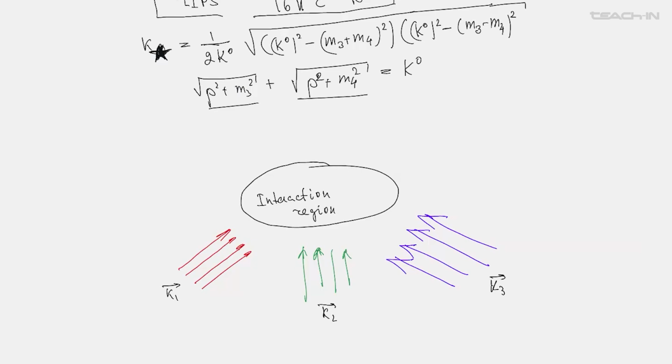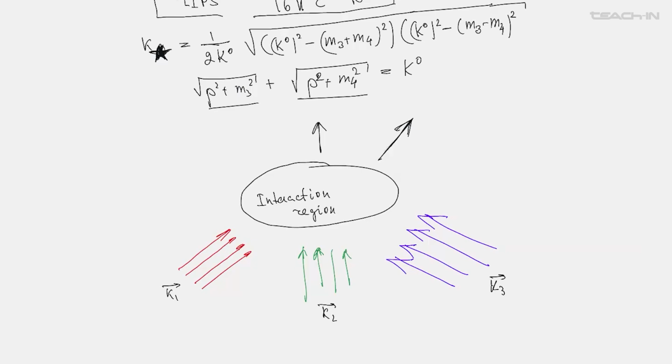And then you register, with the help of various devices, you measure what gets out. What comes out from this interaction region after the particles collide?